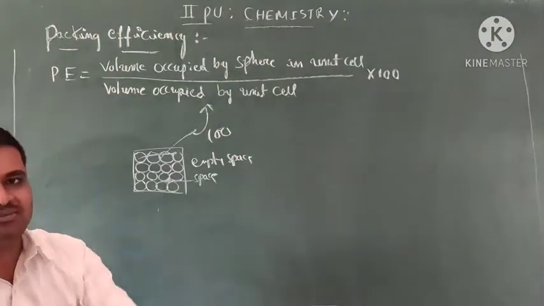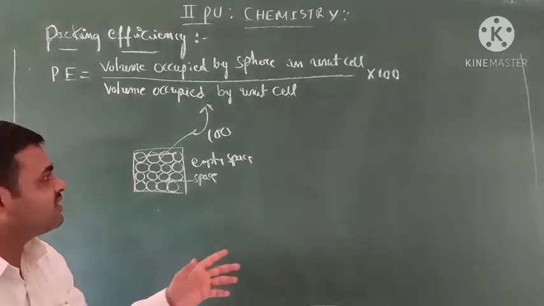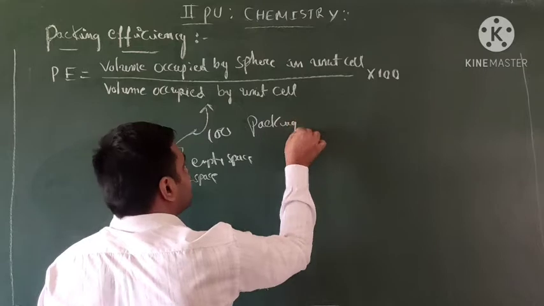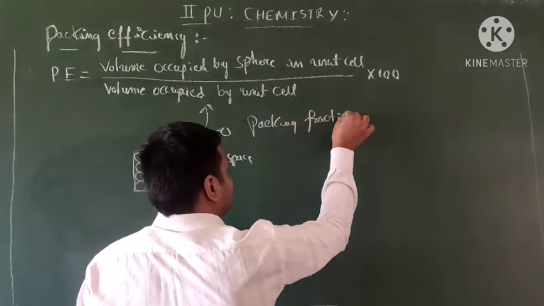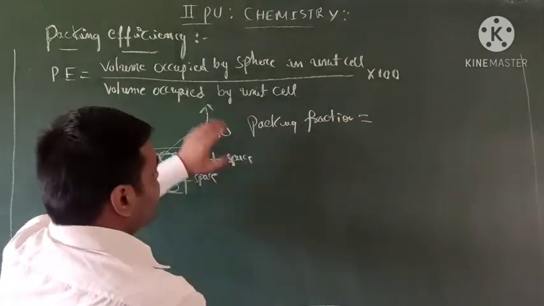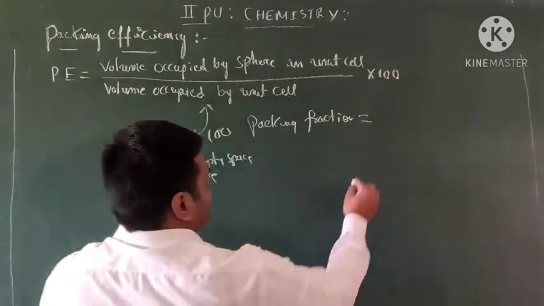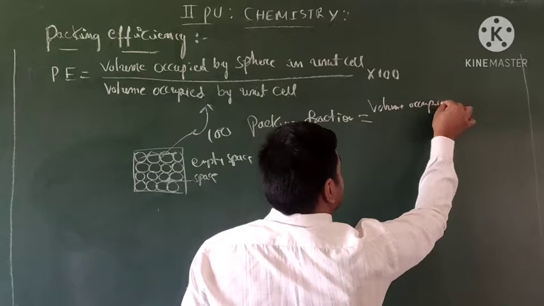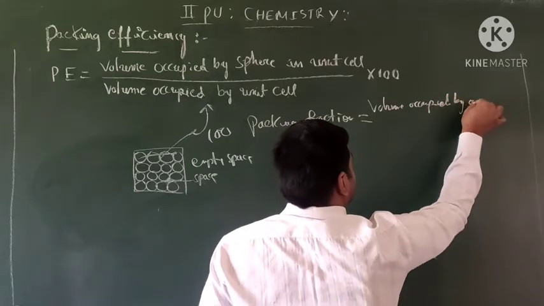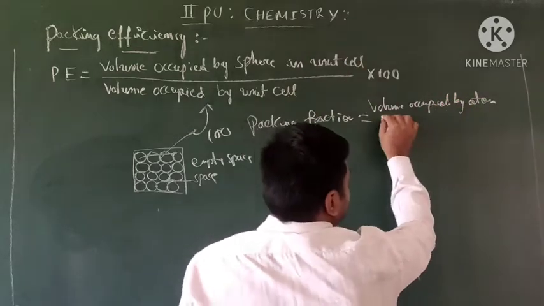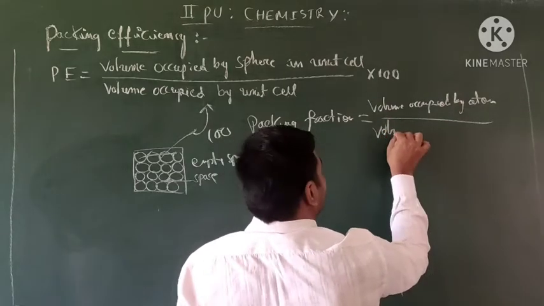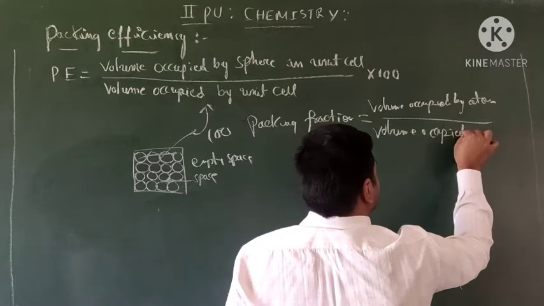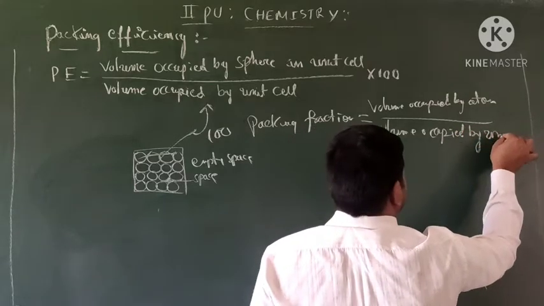By chance, how much is inserted in one atom, that is called packing fraction. What is the definition of packing fraction? Without percentage, it is the volume occupied by atoms or spheres in a unit cell divided by the volume occupied by the unit cell.